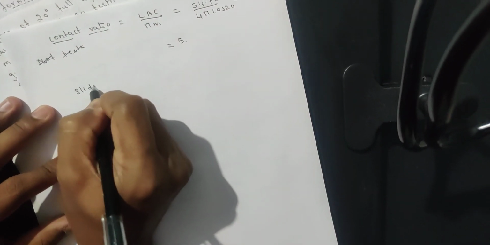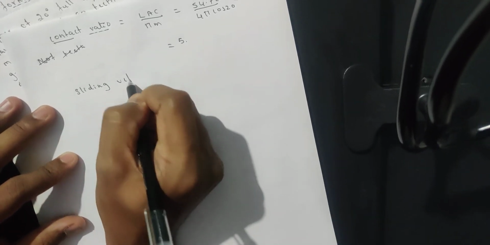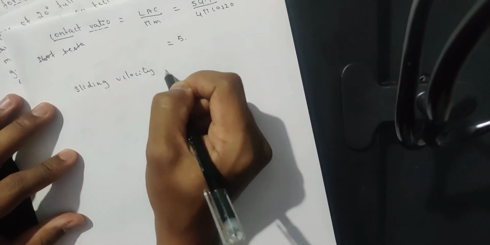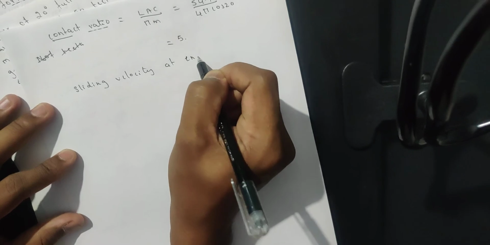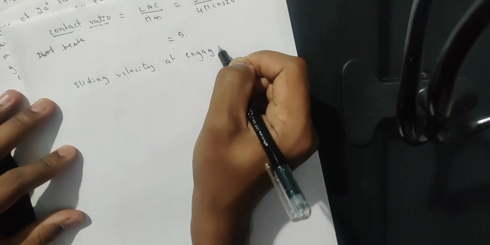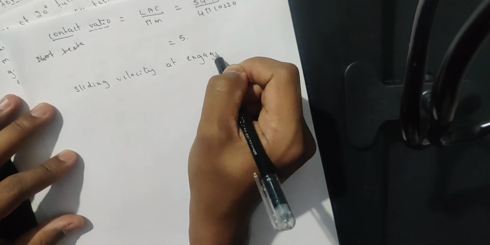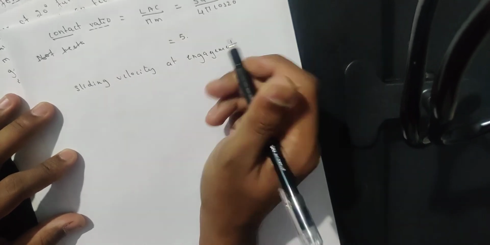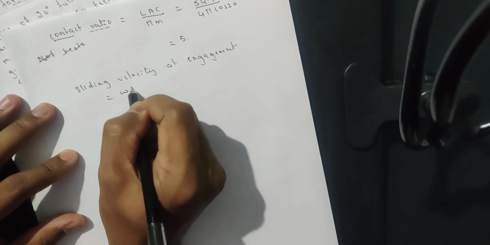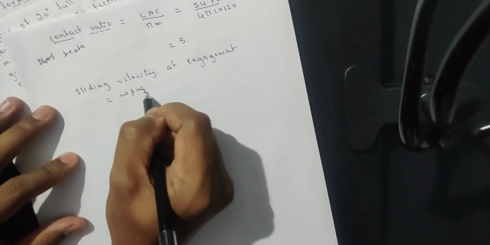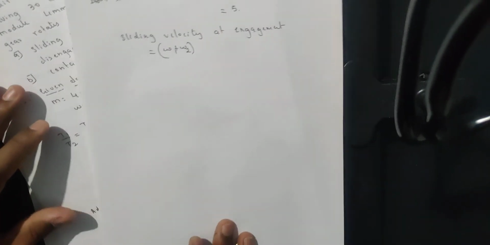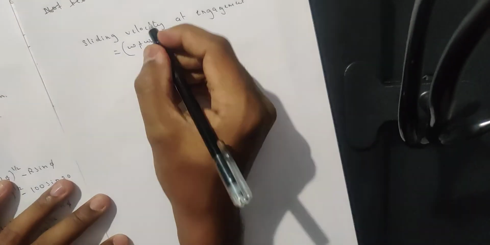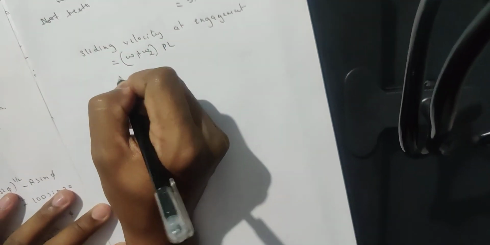Sliding velocity at engagement is basically given as omega 1 plus omega 2 into PL, that is point of approach. Engagement will be PL.